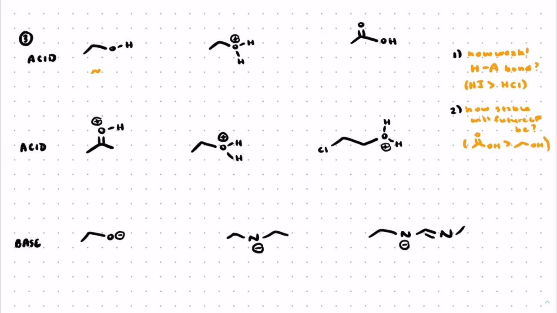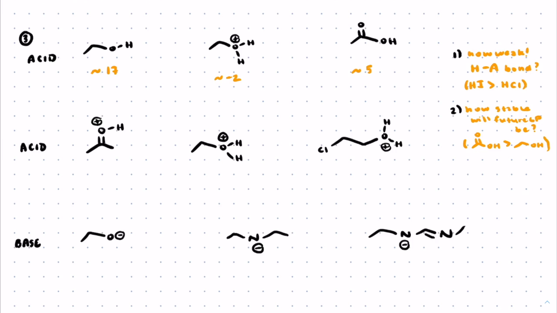So in this case, if we were to evaluate pKa's, the pKa of this regular alcohol is about 17. The pKa of this hydronium is about -2. And the pKa of acetic acid is about 5. So the most acidic thing in this molecule is that hydronium, because getting rid of the formal charge means that you are stabilizing that molecule greatly.